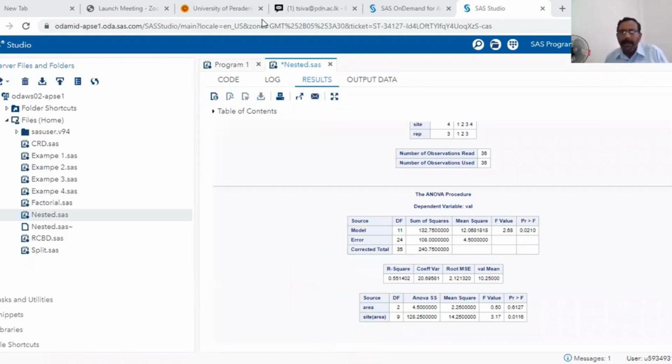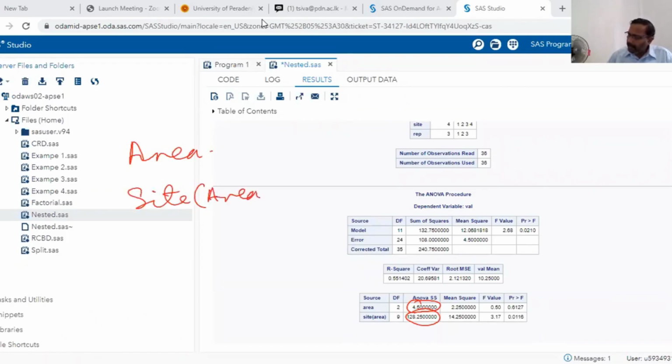Right, now, second part, their respective sums of square. Area and the site within the area. Now we can test two things. Only we will have to test area and site within the area.